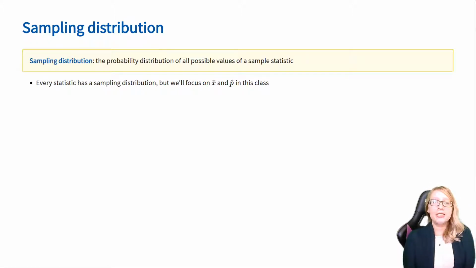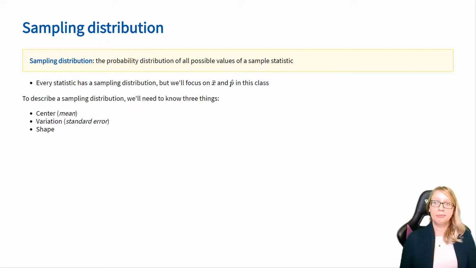Now, every statistic that we could look at, the median, for example, has a sampling distribution. Standard deviation, for example, has a sampling distribution. We will focus on just two in this course. We'll focus on the sample mean, denoted x bar, and the sample proportion, denoted p hat. We choose these two in particular because most of the research questions that we have can be answered by one of these two.